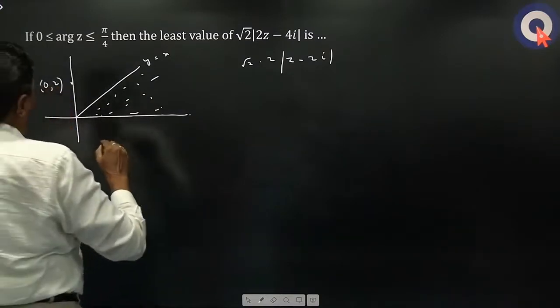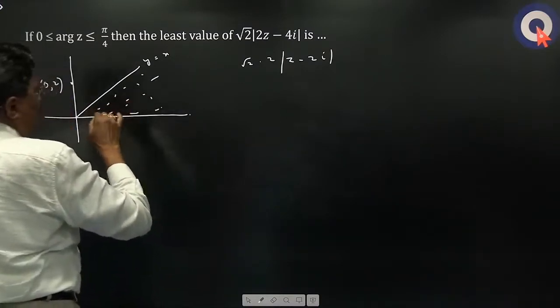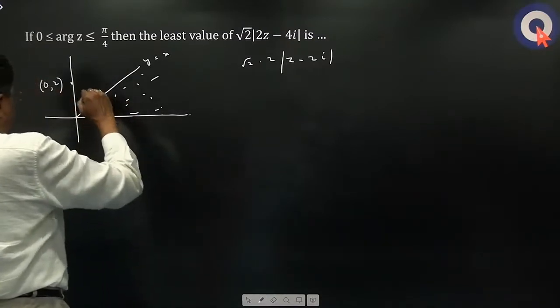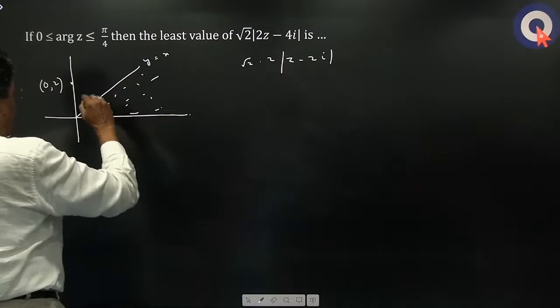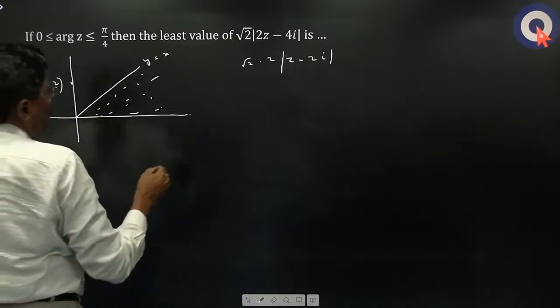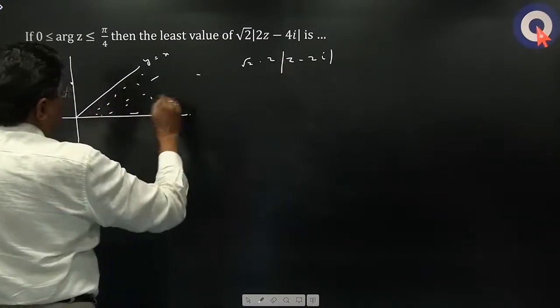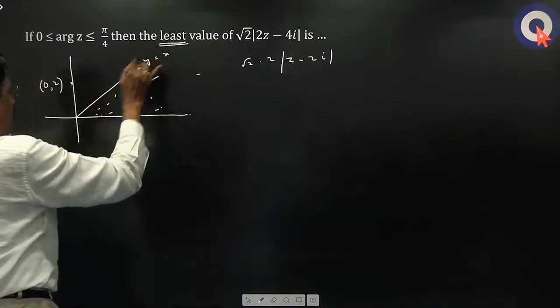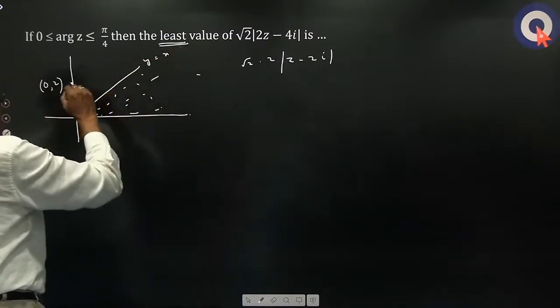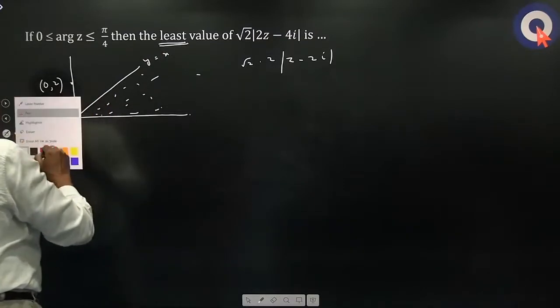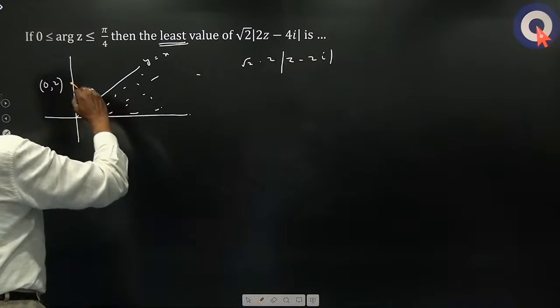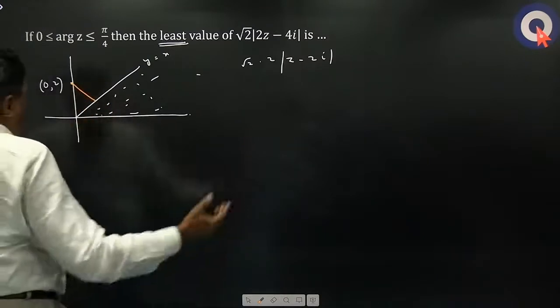So the distance between 0, comma 2 and z, where z should be so that this distance is least. So z has to be the foot of the perpendicular drawn from the point 0, comma 2, as simple as that.